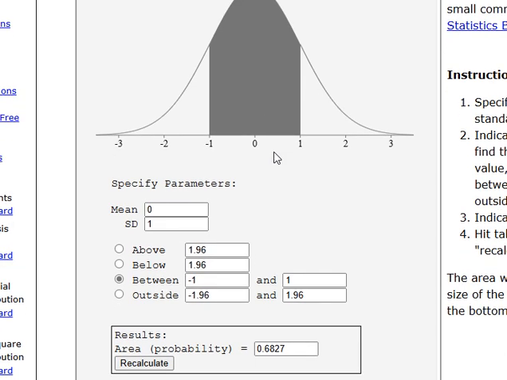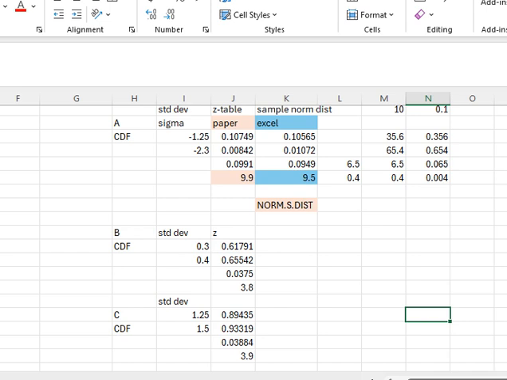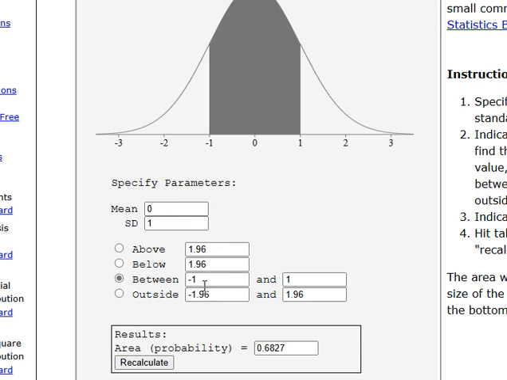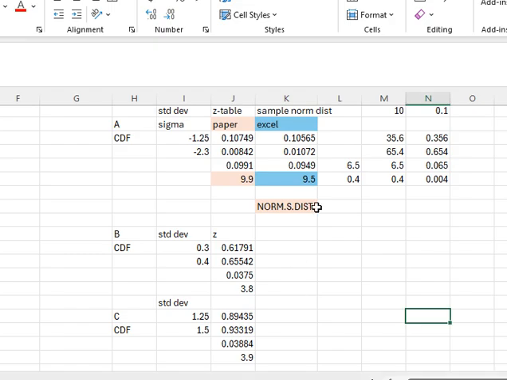So if we want to do the same problem that we calculated right here, going from minus 2.3 to minus 1.25, we're going to get around here. So that's 9.49, which is 9.5 percent, that we just calculated.